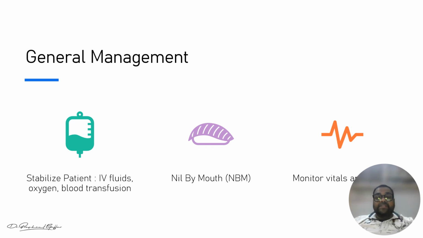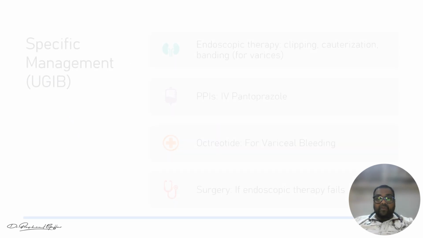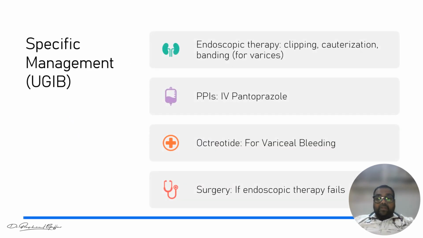Now we move on to the specific management for upper GI bleeding. Due to technological advancement, nowadays endoscopic therapy is very commonly used. For a perforated peptic ulcer, they use clipping and cauterization, which is the method where the tissue is burned with the cautery.